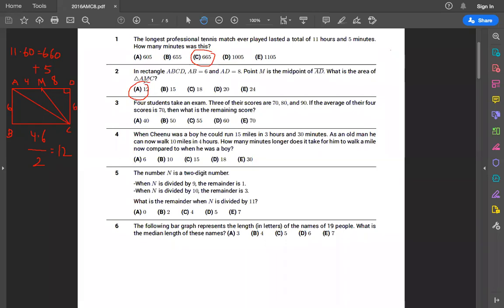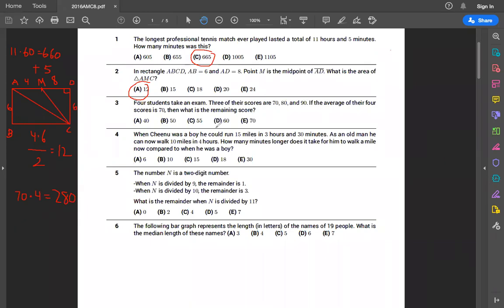Question 3. We have 4 students who take an exam. 3 of their scores are 70, 80, and 90. We know their average is 70 across all 4 students, so we want to know what the remaining score is. We know that the average is the total divided by the number of students. So if we take the average and multiply by the number of students, which is 4, we should get the total score, which is 280.